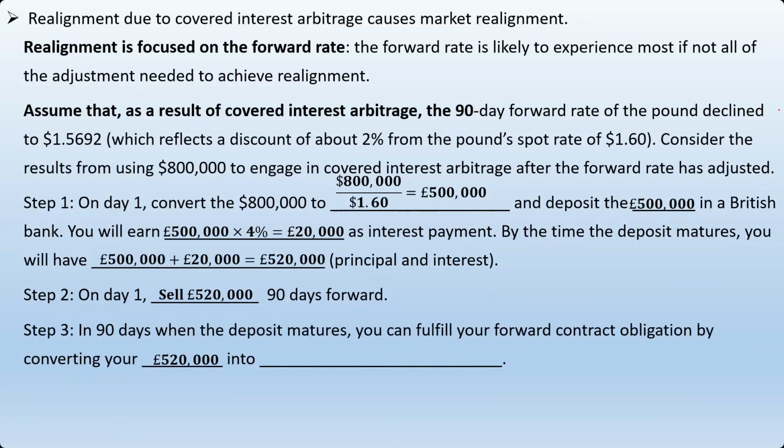It's not 1.61, it's 1.5692. The amount you mentioned is when the forward rate is 1.61. So it will be 520,000 times the new forward rate. And can you calculate your arbitrage return?